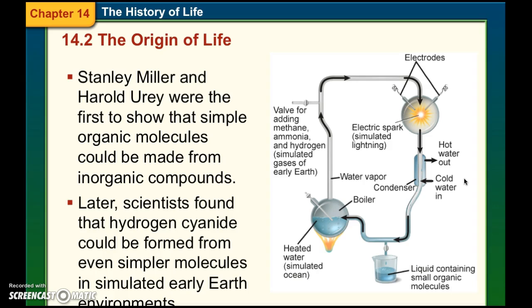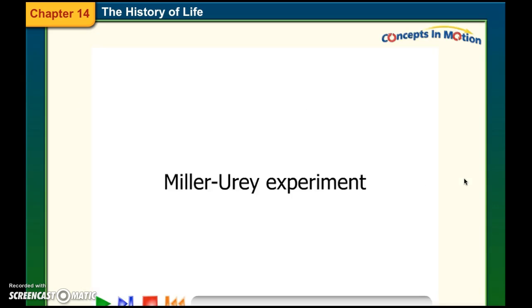This is a fascinating experiment. They simulated the early conditions of the earth and jolted electricity through it, and then out in the beaker at the bottom, these small organic molecules did appear. So that showed that amino acids and proteins could actually come from this primordial soup theory.